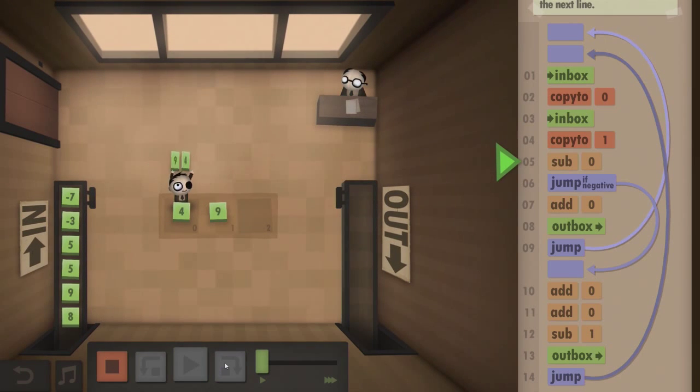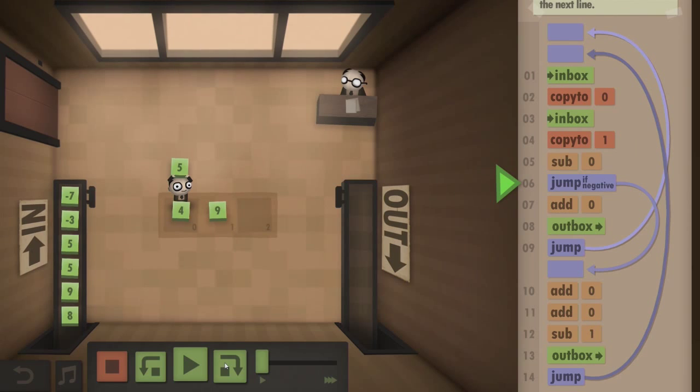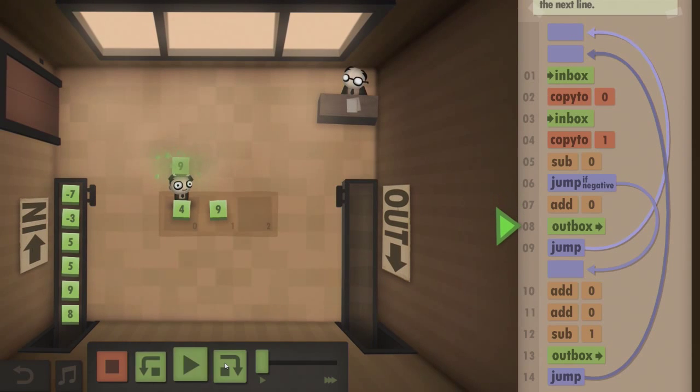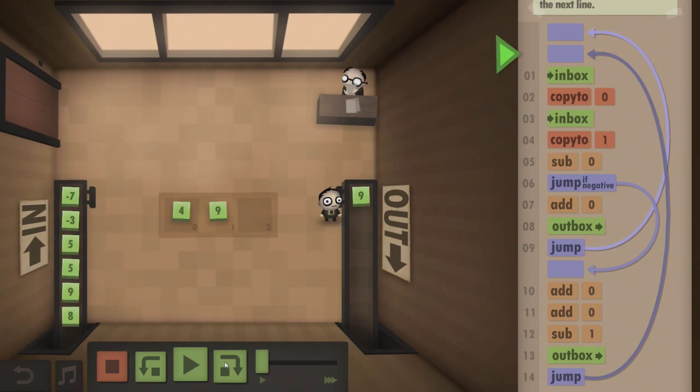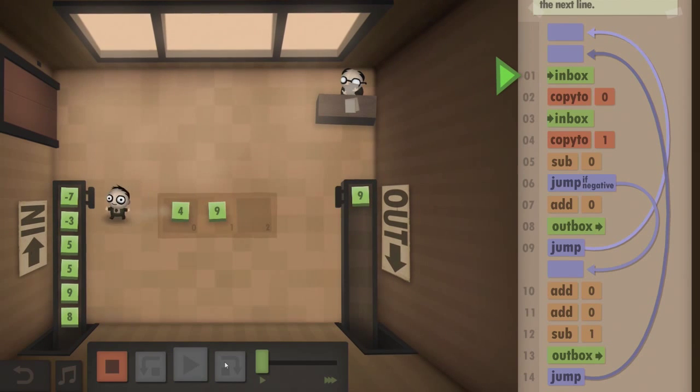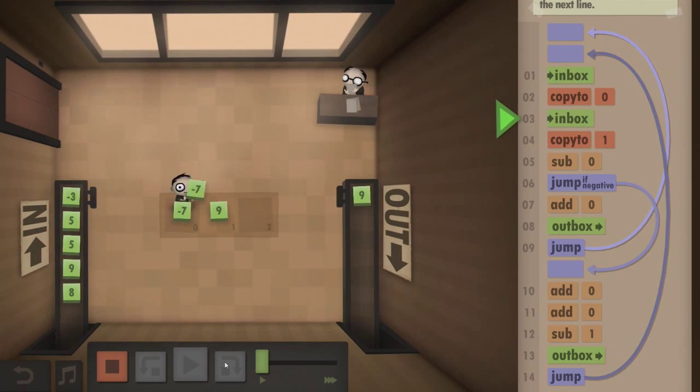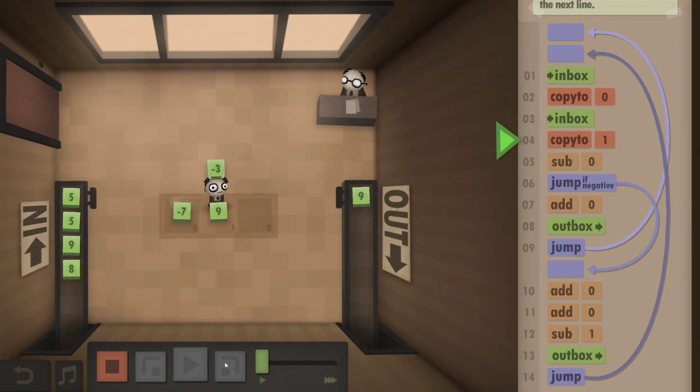So that's a minus. Oh dear, that's not a minus. That's fine. So that wasn't a minus. I have no idea what's going to happen with these minus numbers.